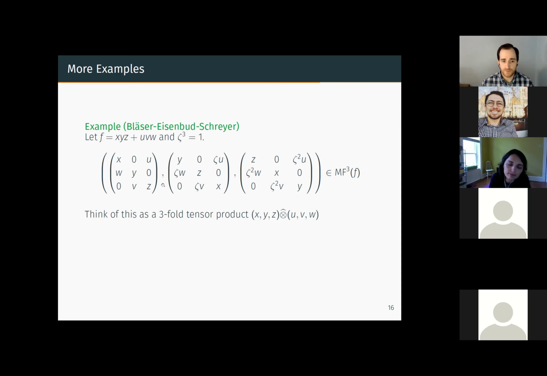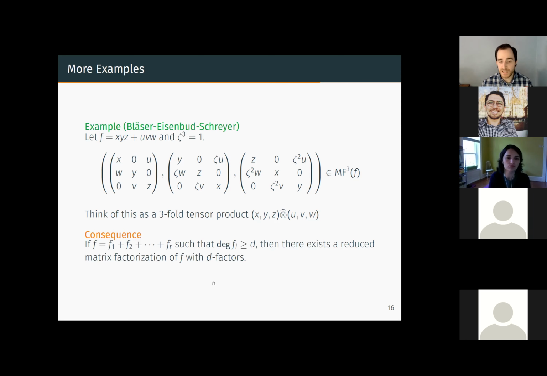And so this is, first of all, a cool example, but it also allows you to do the same sort of inductive iterating of tensoring these guys. And you can make any number of statements, one of which is what I've written here. If you have a polynomial which is a sum of terms, each of which is degree at least D, then you can write down a reduced matrix factorization of F with D factors.